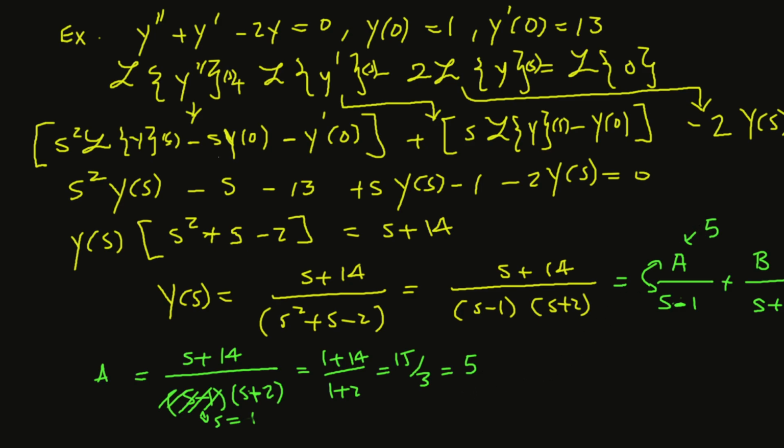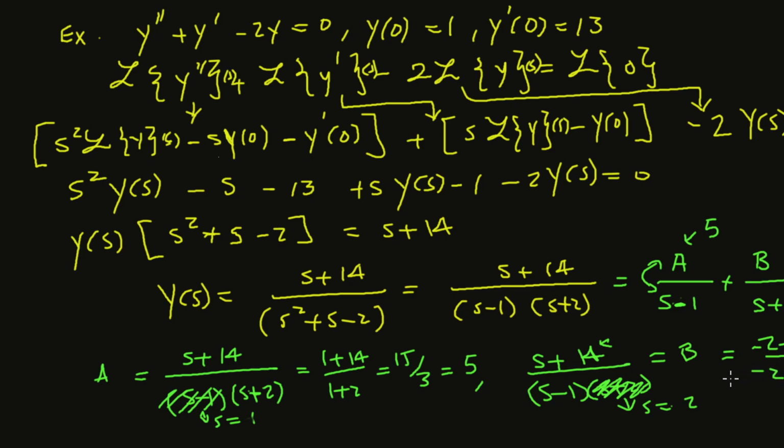So A is 5. Now let's redo the work for s plus 14 over s minus 1 times s plus 2. Here the critical value is negative 2, so you can't, of course, use it in the other factor, as it will make it undefined. Now if I substitute negative 2, I should get B. So negative 2 plus 14 over negative 2 minus 1, which is 12 over negative 3, which is negative 4.